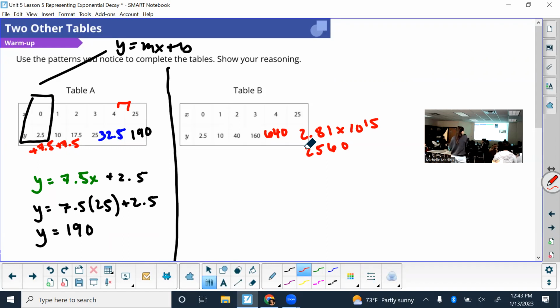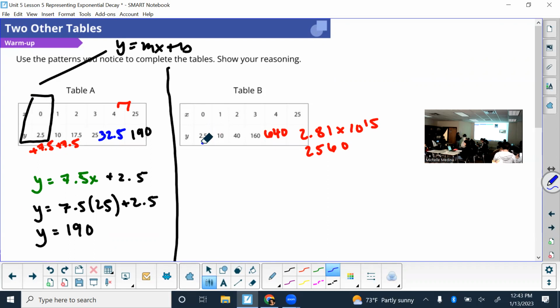Any other answers out there? Okay, so then table 2, we'll figure out which one it actually is. Table 2, what is the pattern in this one? It is multiplying by 4 each time.